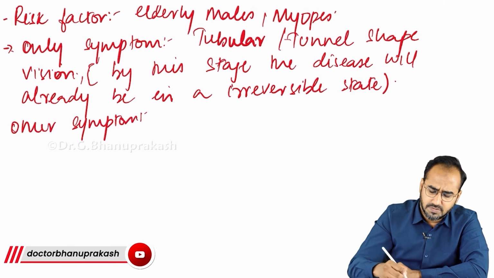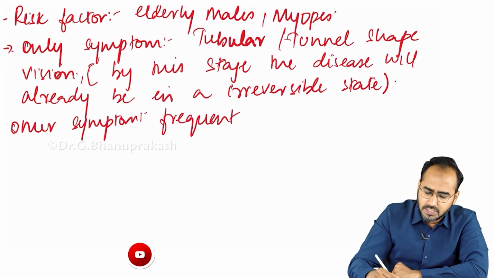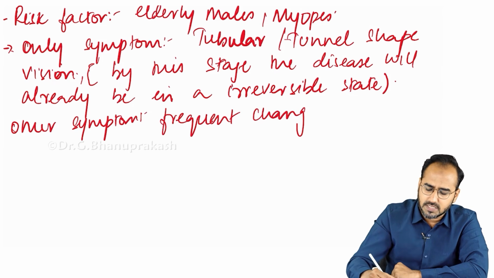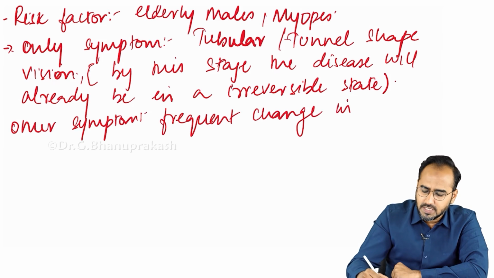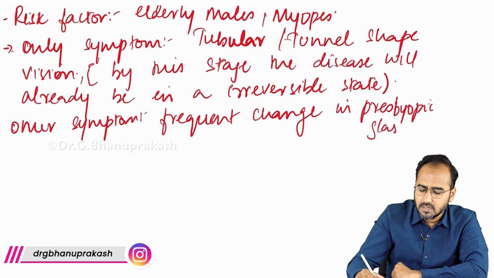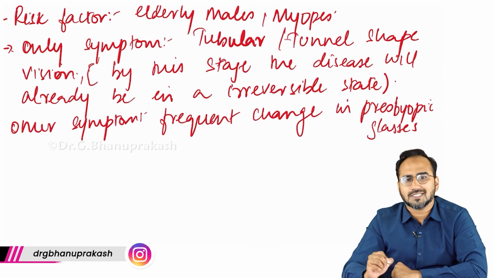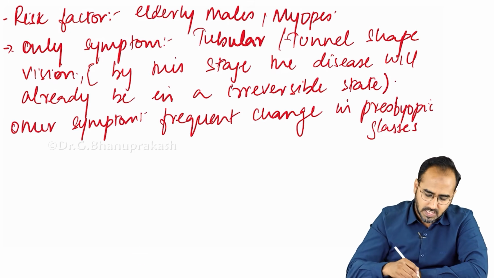What is the other symptom of open angle glaucoma? Other symptom is frequent change in presbyopic glasses. Frequent change in presbyopic glasses. That's the other symptom. Okay.